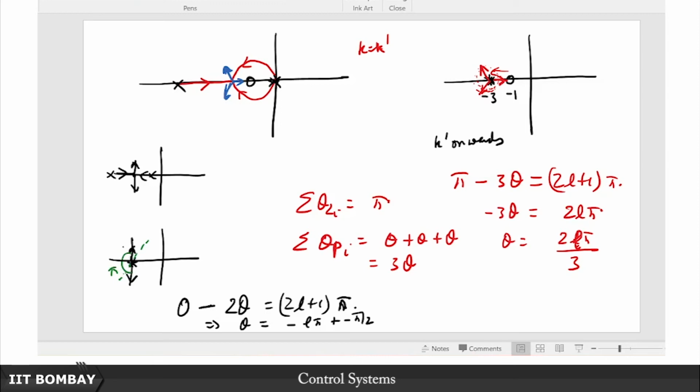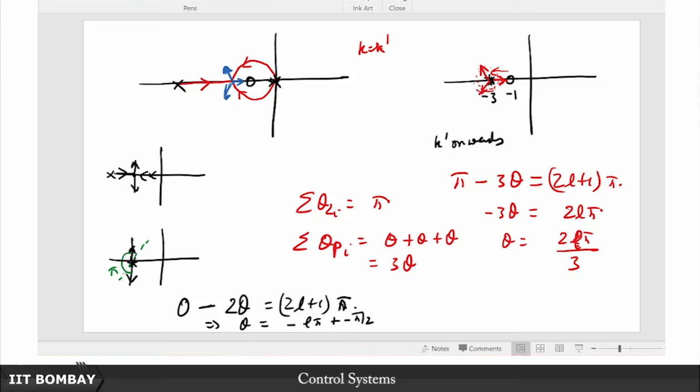So they must be separated by an angle of pi, that is 2 pi by b. There are 2 branches colliding, so as they leave they must be separated by 2 pi by 2, which is pi, and they must also be symmetric about the real axis. Putting these 2 conditions together, we see that they must leave in a perpendicular direction. Now similarly here also, you see there are 3 branches colliding here, and you immediately see here, right.